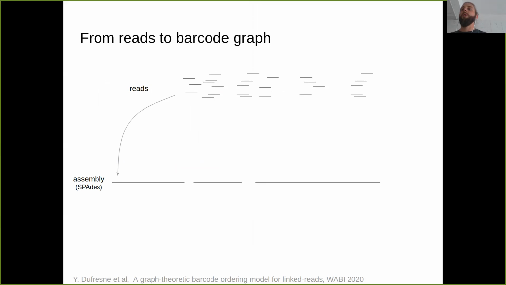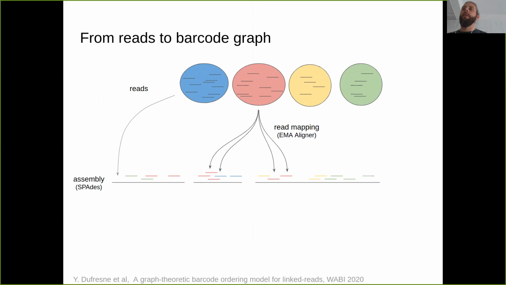We have a bunch of contigs, and using a linked read mapper like EMA, we align all the reads along the genome. We then infer long molecules from the reads, and we infer the barcode graph from the overlapping of the inferred long molecules.